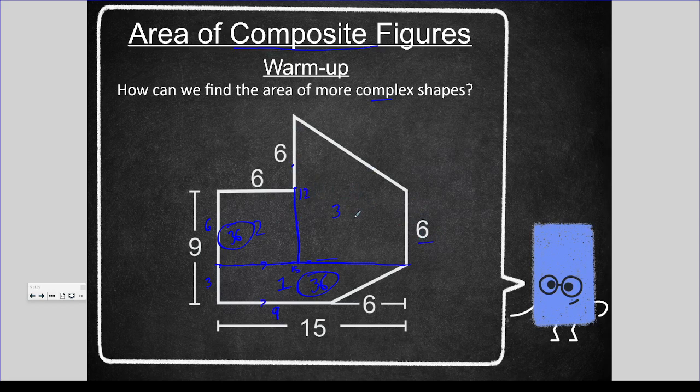The average of my bases is 9, and my height, which is right here, is 15 minus 6, so that's 9. So I have 9 times 9 makes the area of this shape 81. So my total area is 36 plus 36 plus 81, and that's how we can find it by addition.